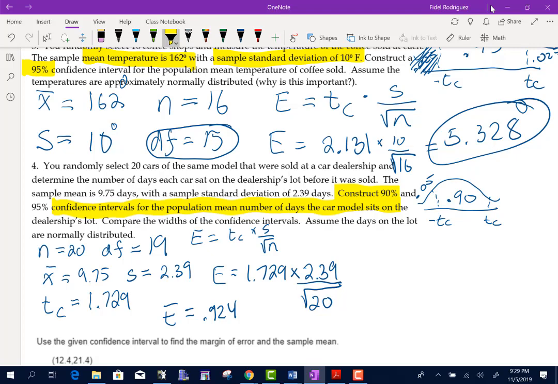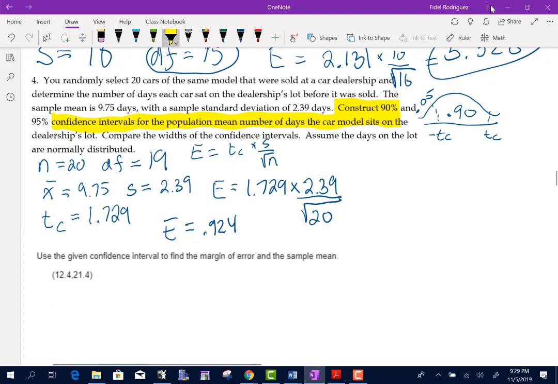Now, remember how we find the interval? We're going to do this just like we did before. We're going to go x bar minus the error, and mu is going to be between these numbers. I'll even write it like an interval: this, comma, x bar plus the error.